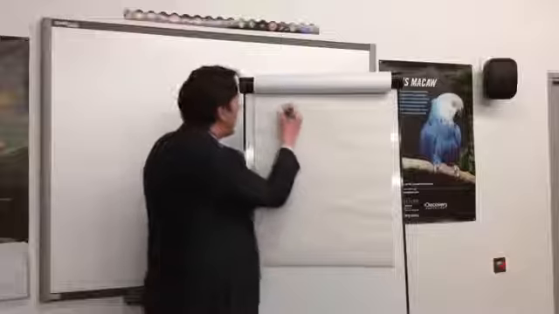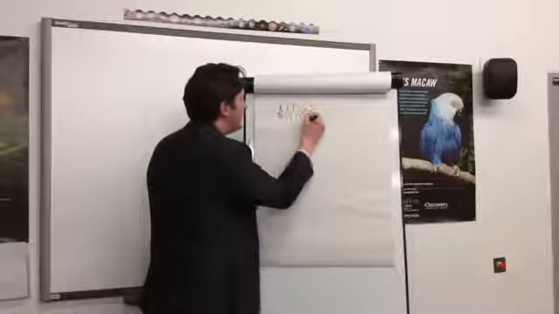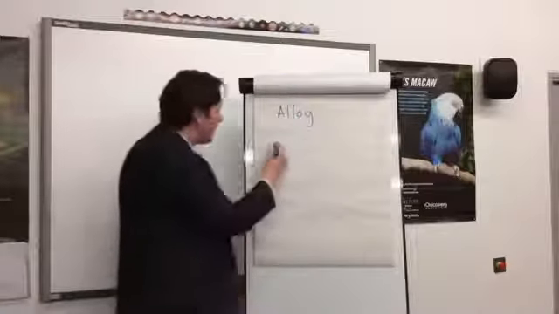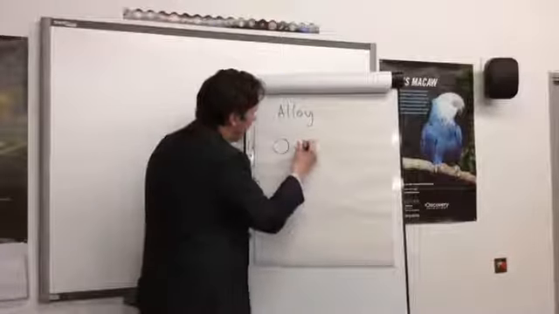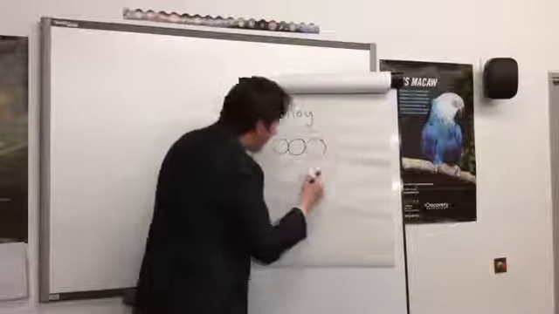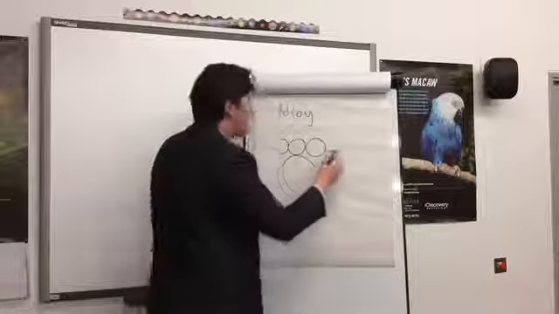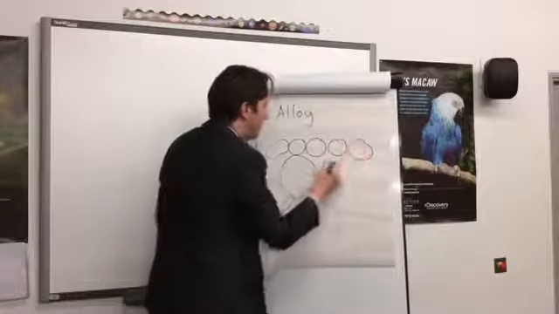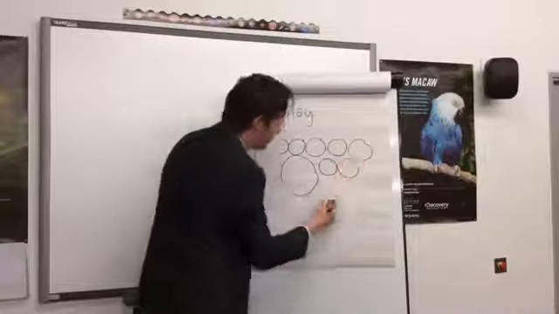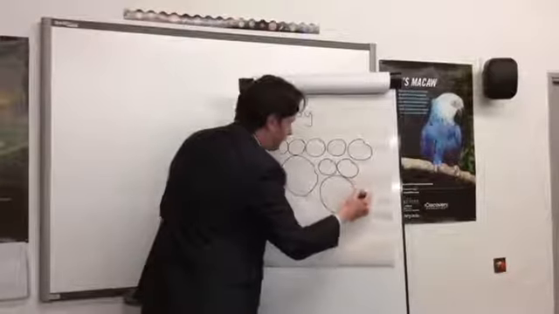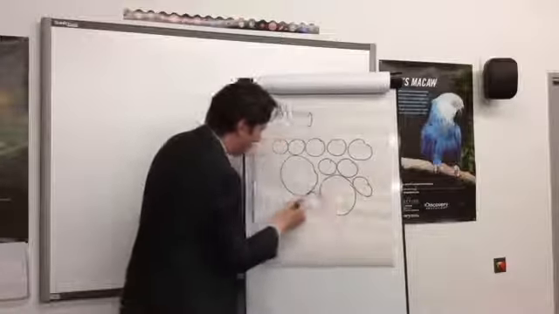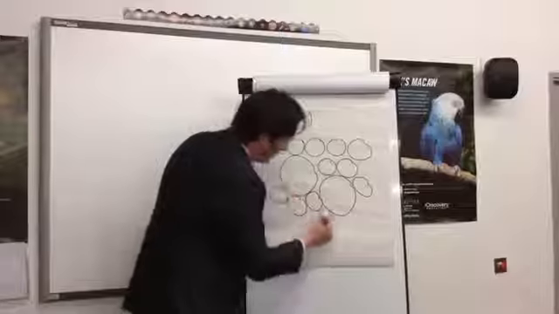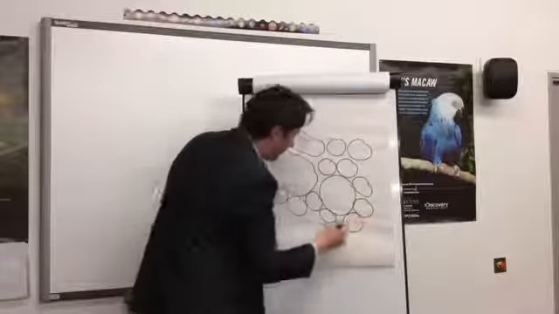Now, in an alloy, which is different, an alloy is arranged in layers, but within those layers, there are big atoms of a different metal or non-metal. Okay?